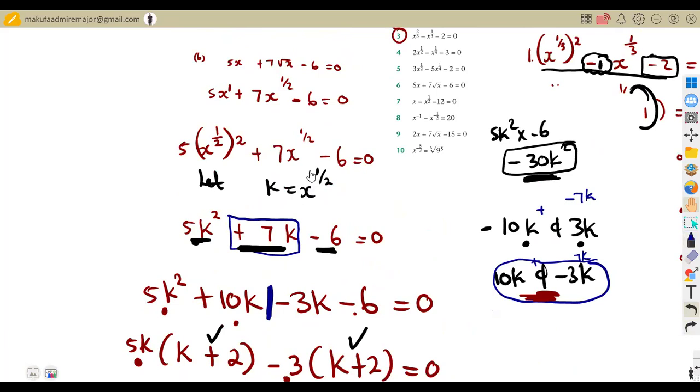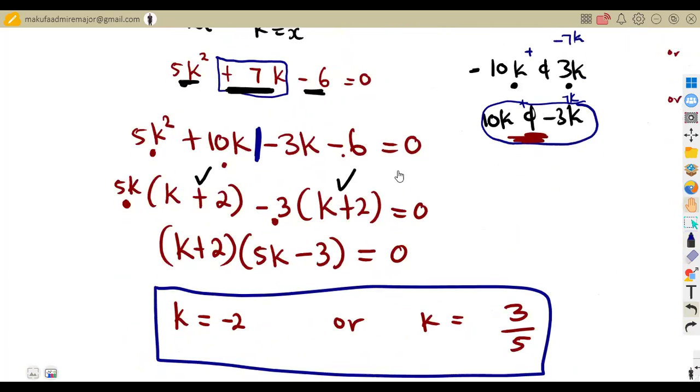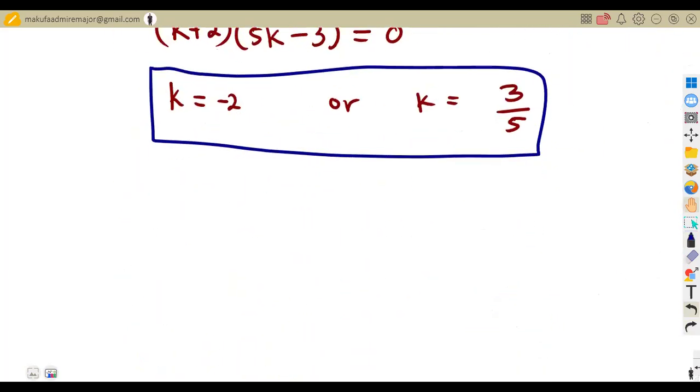So it means we have to substitute back in place of k. So that means x to the exponent of a half must be equal to the first solution, minus 2, or x to the exponent of a half, the same k, must be equal to 3/5. So how do we find the value of x?